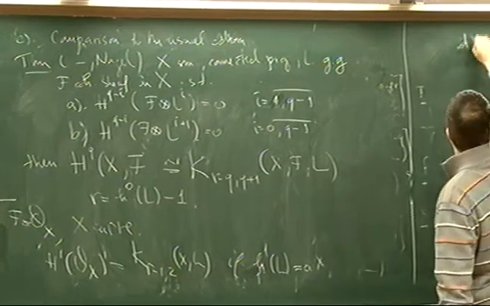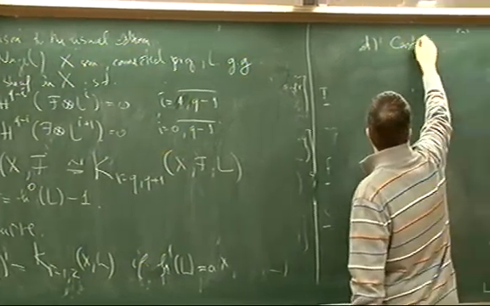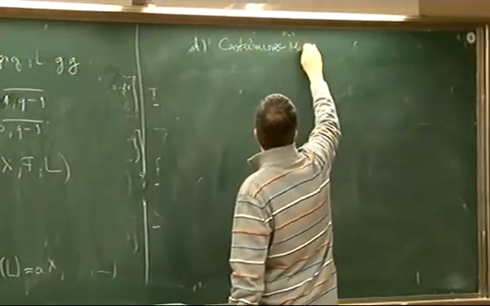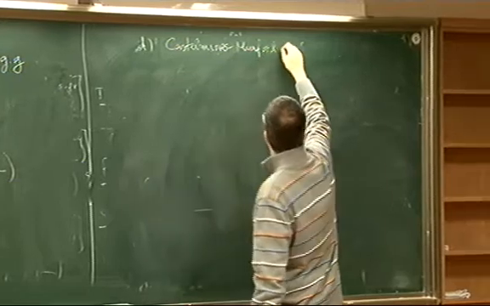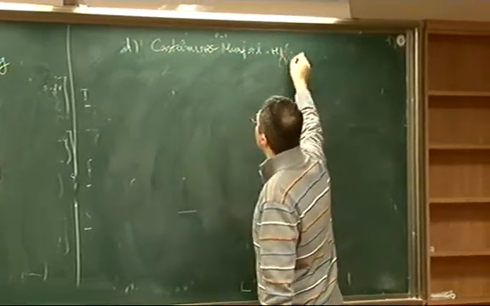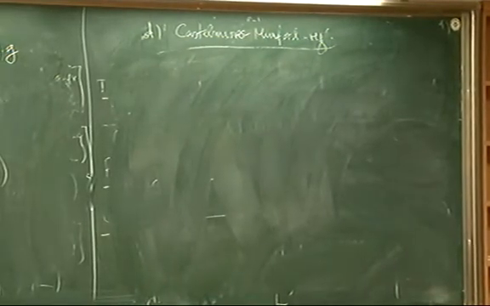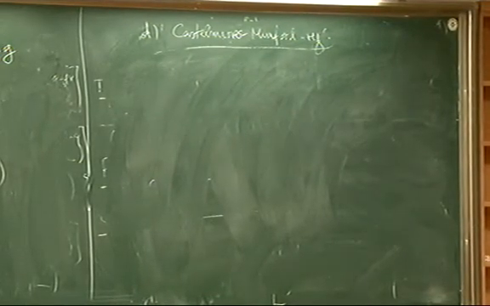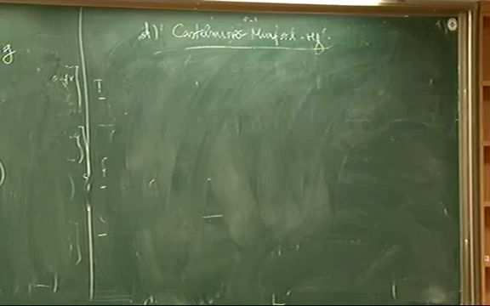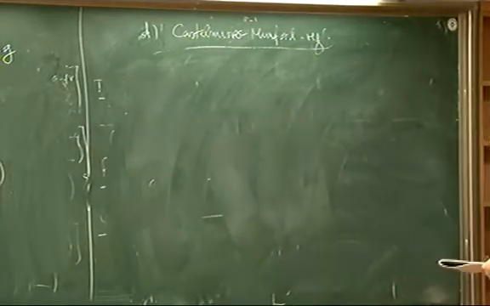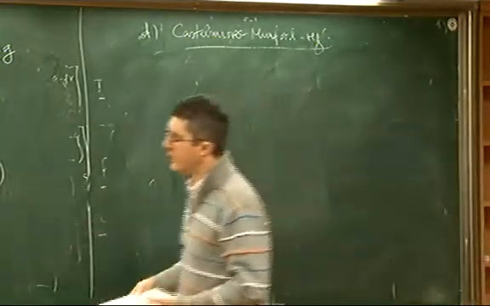Now we have Castelnuovo-Mumford regularity, which also has something to do with Koszul cohomology, and this can be seen as a consequence of this relation.